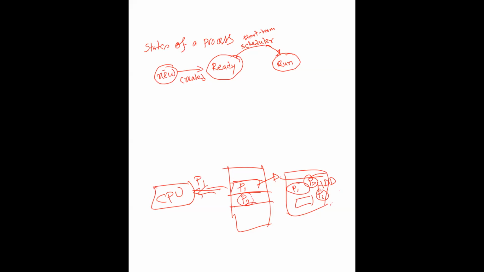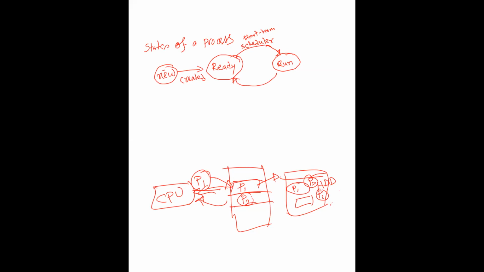So the operating system will schedule process P2 to execute on the CPU, and process P1 will be preempted and go back to the RAM. So from the running state, a process can go back to the ready state.